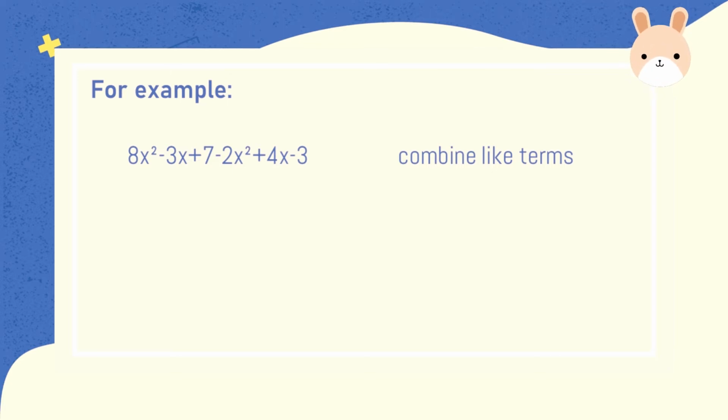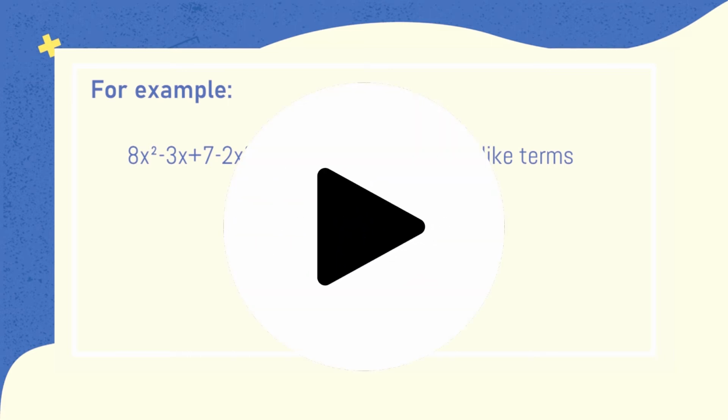So here's another example. 8x squared plus 3x plus 7 minus 2x squared plus 4x minus 3. Feel free to pause the video if you want to solve this problem.